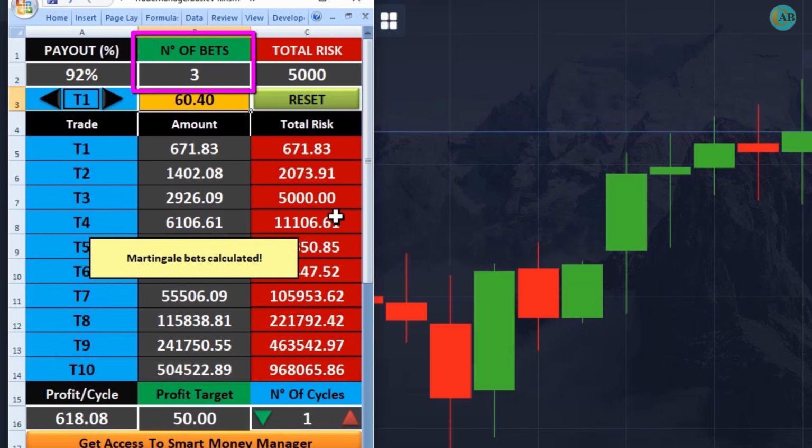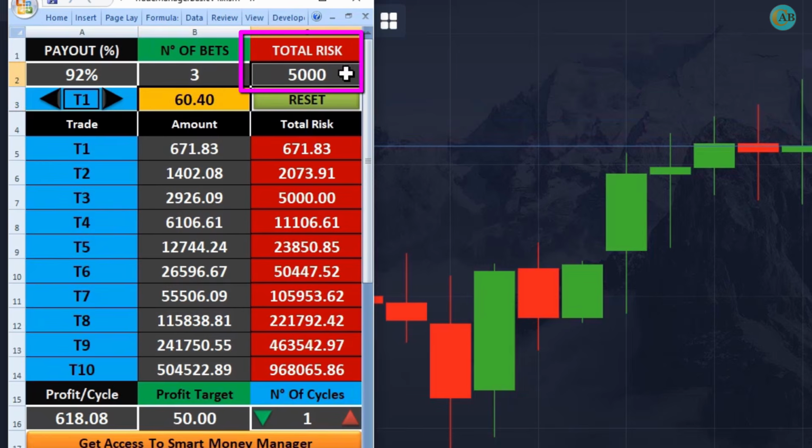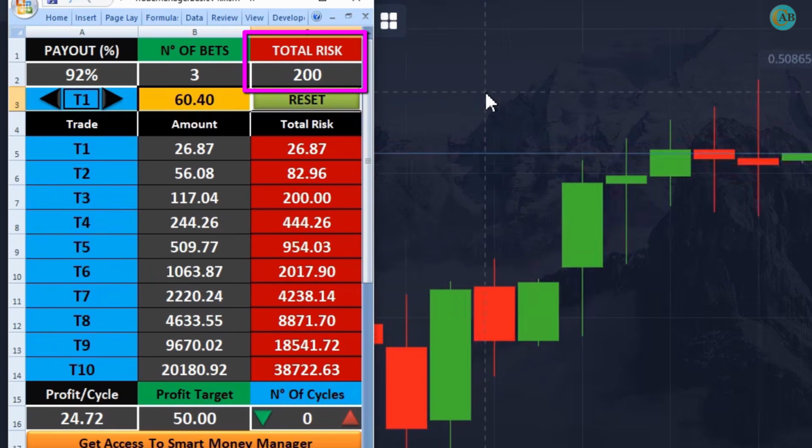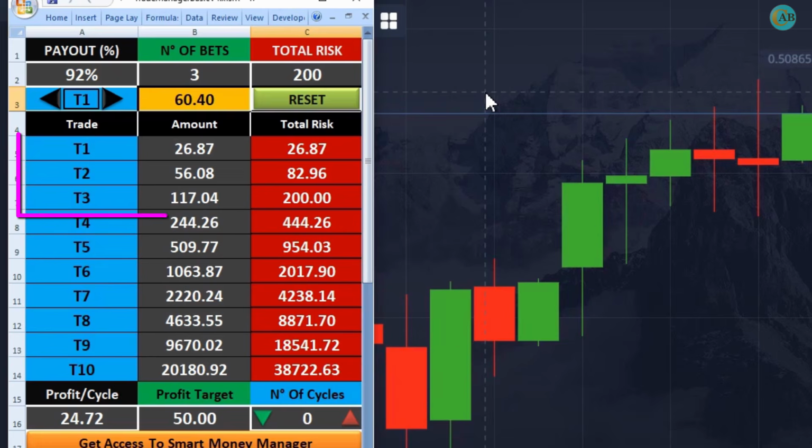Next, I'm gonna put the total risk here, which is $200. As you can see, the Trade Manager Basic is doing a great job by calculating the bets in such a way if all the 3 trades end in a loss, the total loss will be exactly $200 as entered in the total risk box.